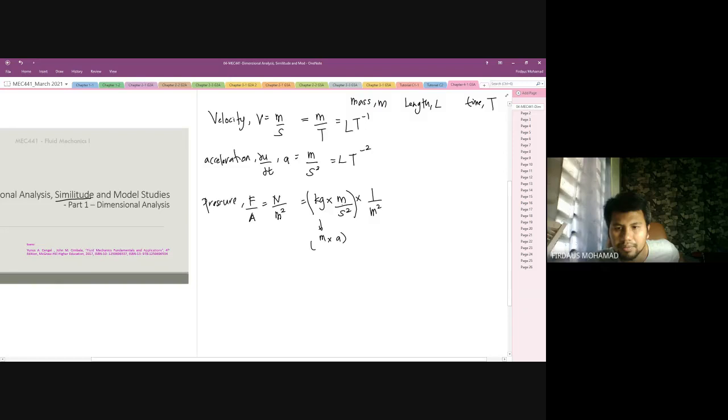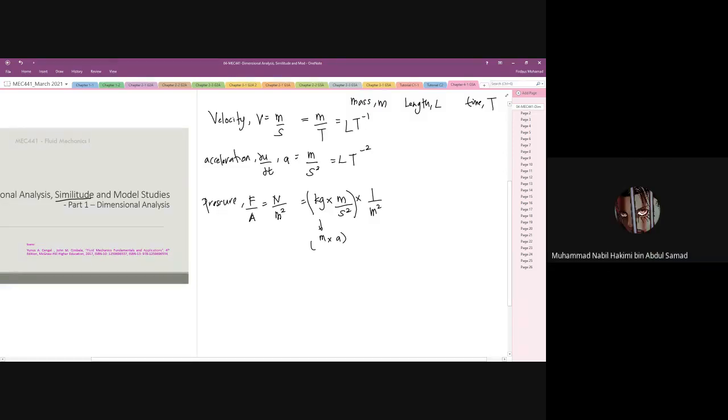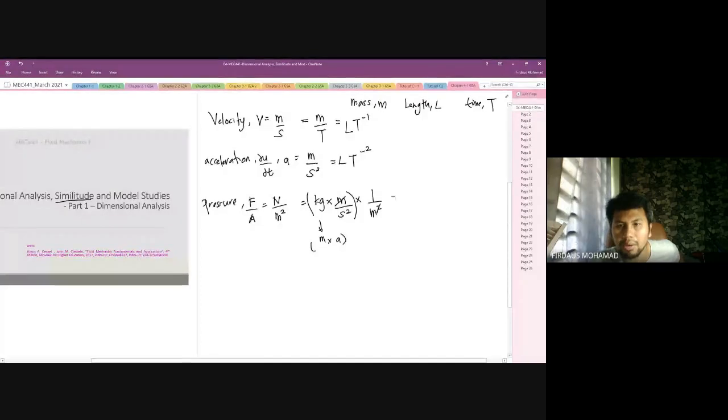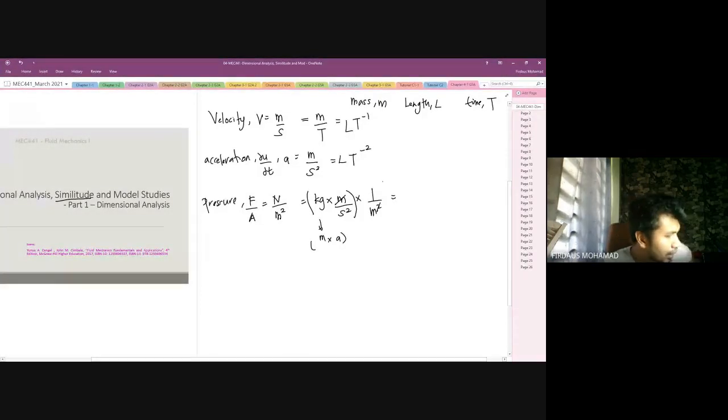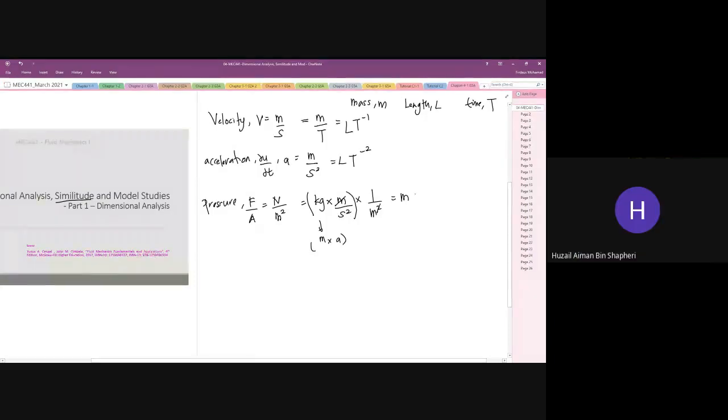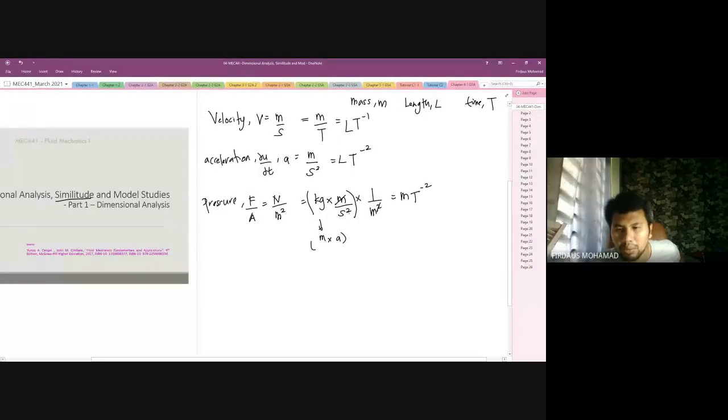So we convert into the MLT dimensional. Kilogram is mass, so we get M. Then s square is T to the power of minus 2. Then meter is length, which is L, so we get M L T minus 2.